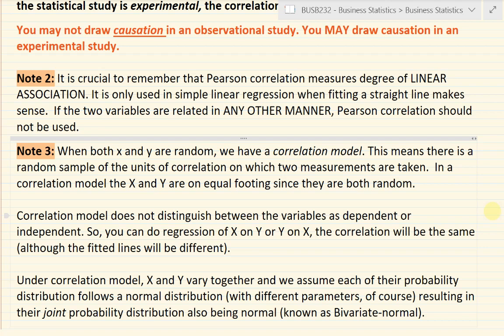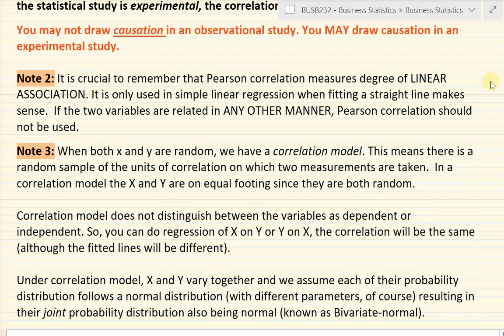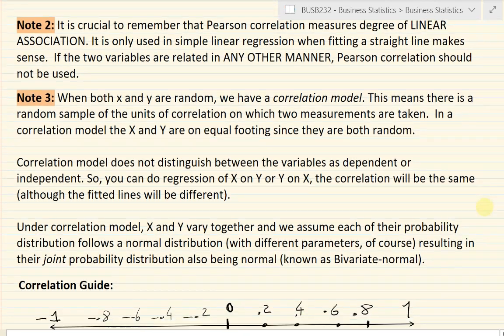The result gives us a joint probability distribution, and since we assume normality, the joint distribution of those two random variables is bivariate normal. This is again not in your book. What I'm talking about in note 3 is not in your book, but I mention it because it is important, at least for you to know, even though you may not directly do this, but it's good information.